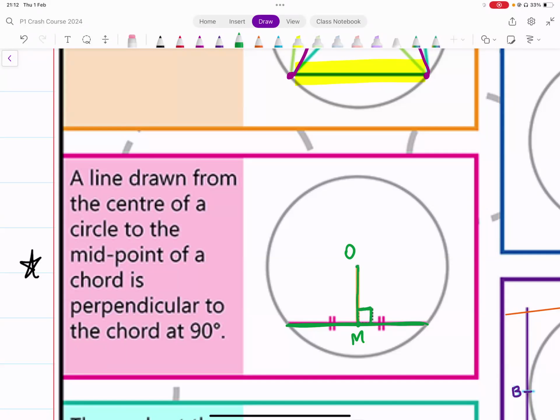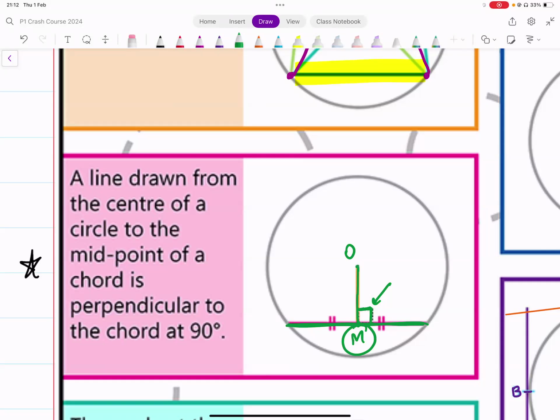So if the center of the circle is joined with the midpoint of a chord, the angle that you get here is 90 degrees. And it's also the other way around. If the center of the circle makes 90 degrees with a chord, then this point has to be the midpoint.